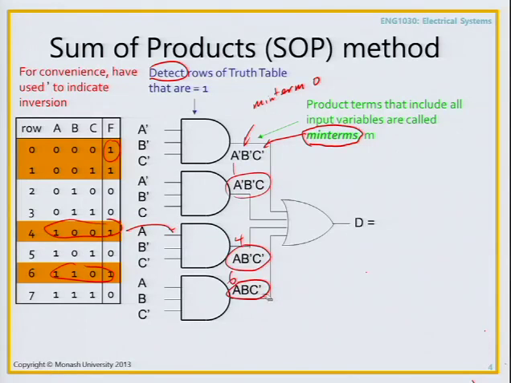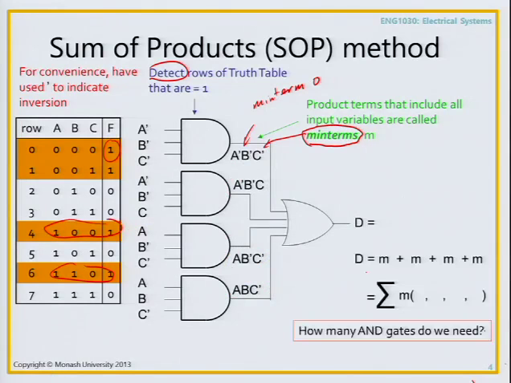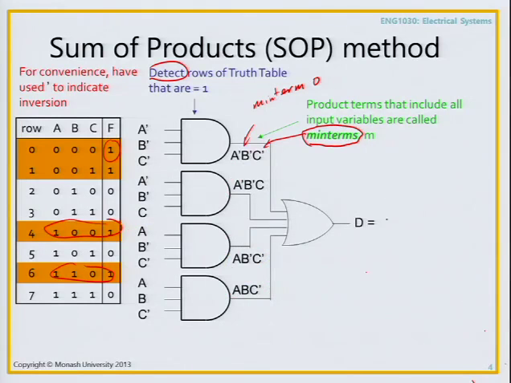Then we take all of these and we chuck them all into an OR gate. Take the outputs of these AND gates, put them into an OR gate, and what we get out is D equals the ORing together of all of these terms. So this is A prime, B prime, C, plus A, B prime, C prime, plus A, B, C prime.